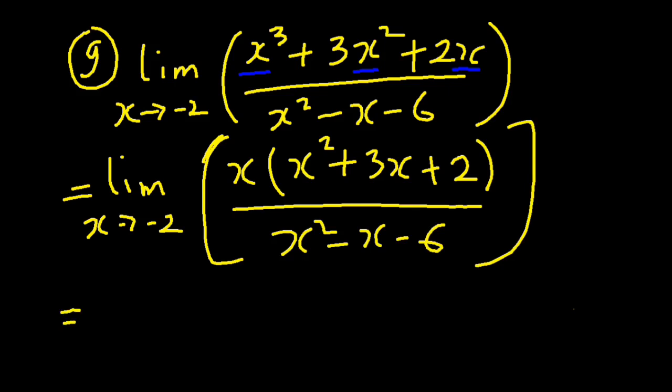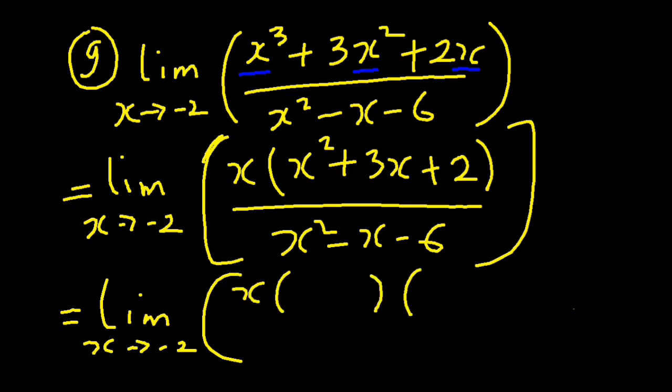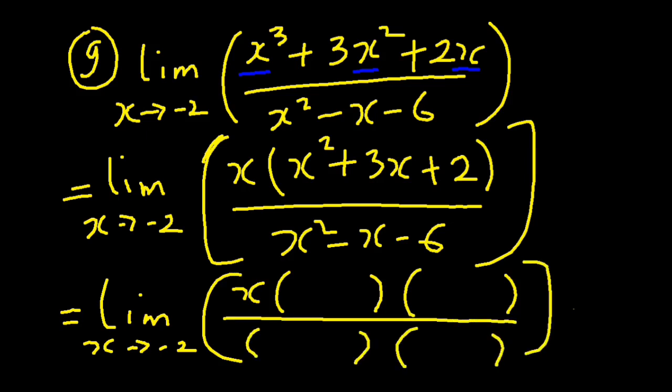Solving the quadratic expression, we have limits when x tends to minus 2 into bracket x. For the quadratic expressions, open two brackets for the numerator and for the denominator. Now, so 2 is the product for the numerator and the sum must be plus 3. So we have plus 1 and plus 2. For the denominator, 6 is the product and the sum must be minus 1.